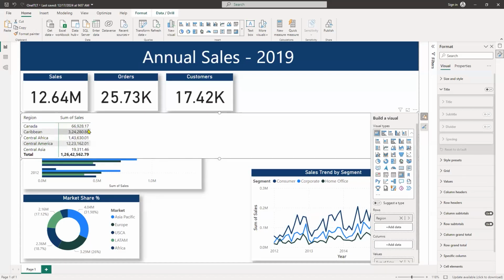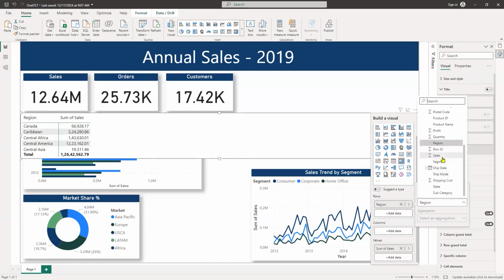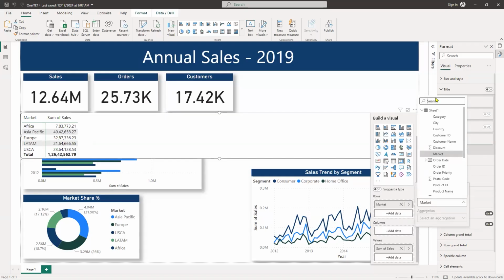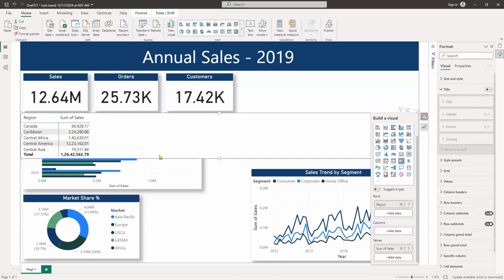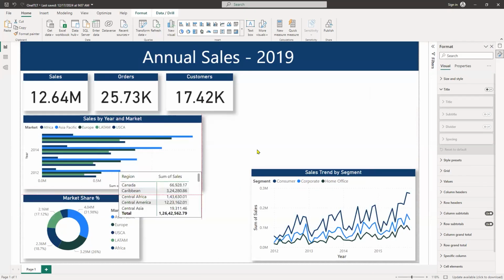There is region, and then region wise sales. So I think we can use this. It's interesting.